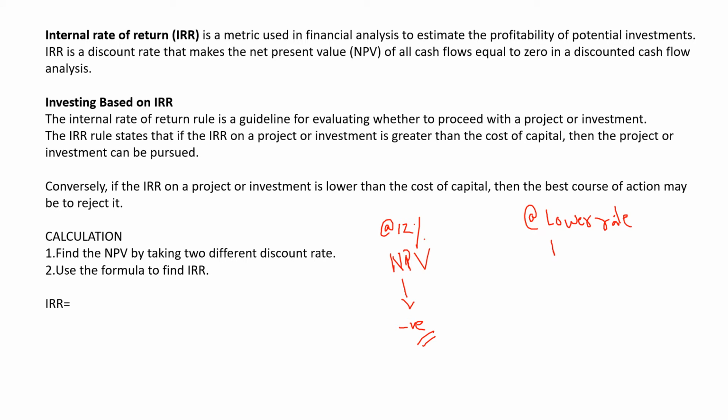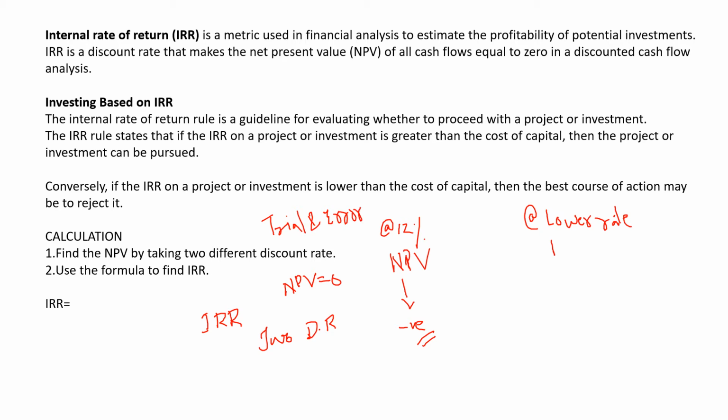Understood? So while calculating the IRR we need two discounting rates, so that we can calculate the rate at which NPV will be equal to 0. For doing that, we will have to use the trial and error method, which is also known as interpolation.